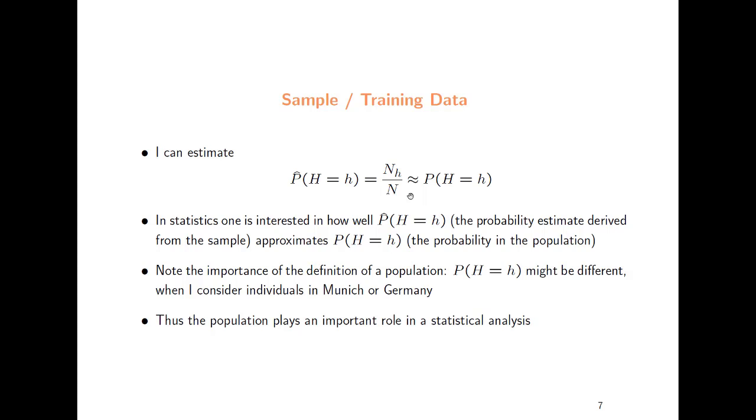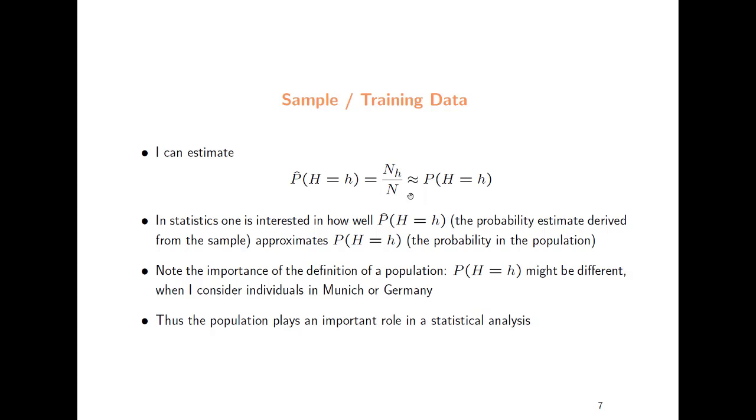Of course, you always have to remember that the definition of a population was critical. We defined it as being the students in Munich. If it's students in another city, the probabilities would give you different numbers. So sometimes people disagree on certain things because they're just talking about different populations.